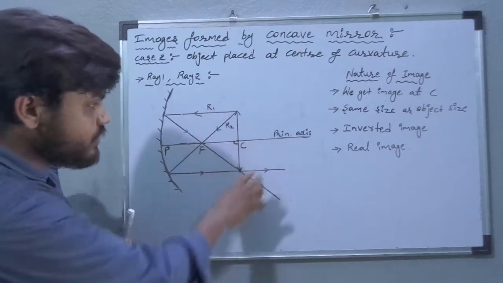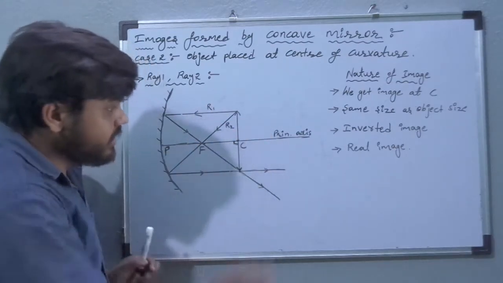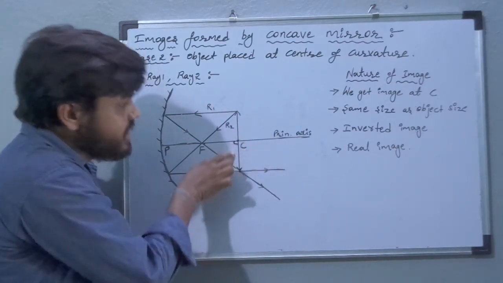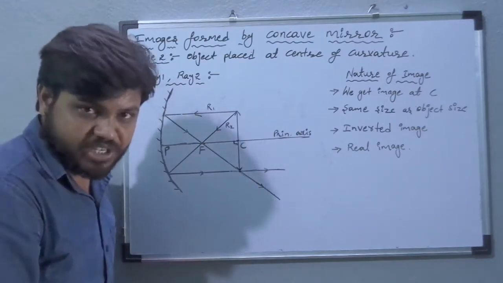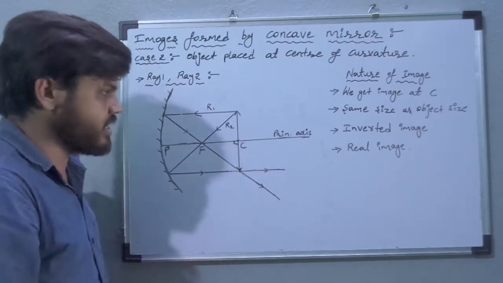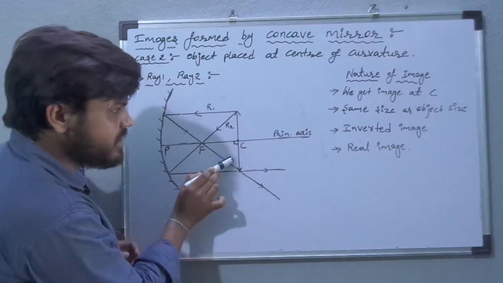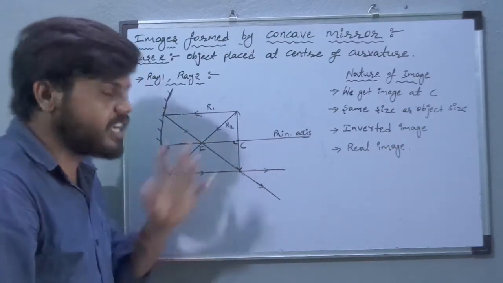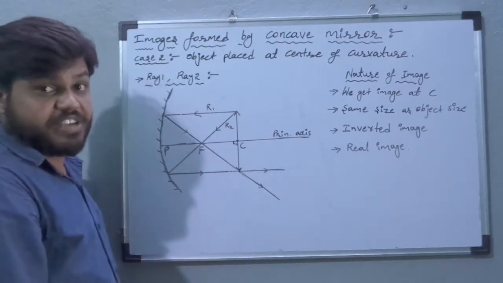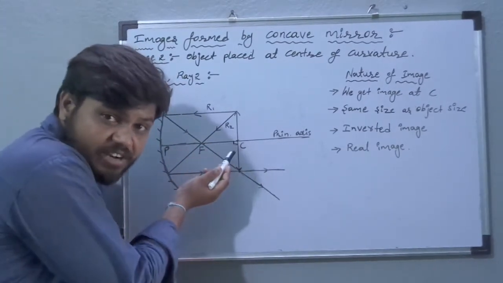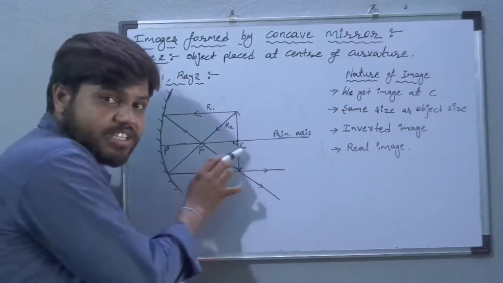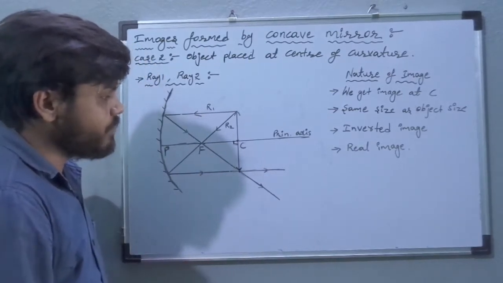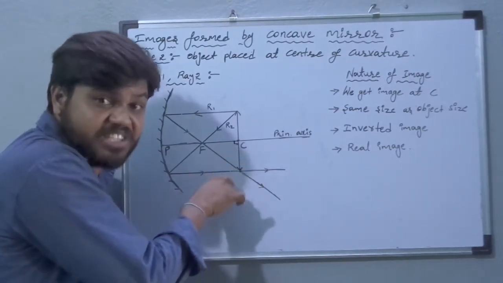So by looking at this figure, we can easily say the size of the image is equal to the size of the object. That is the first one, the nature. And where did we get the image? At the center of curvature only. If we place the object at the center of curvature, we get the image also at the center of curvature. And third, the image is inverted.